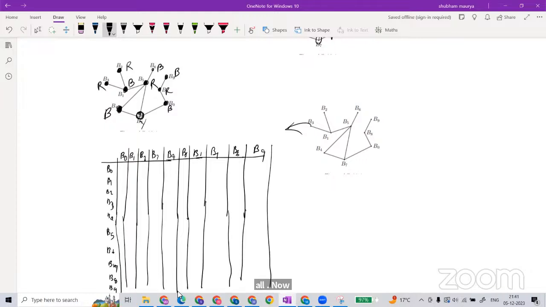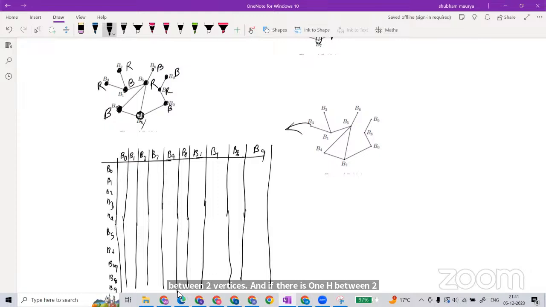Now, how do we write 0 and 1? Our adjacency matrix has only the entries 0 and 1. We give the entry 0 if there is no edge between two vertices, and if there is an edge between two vertices, we give 1.